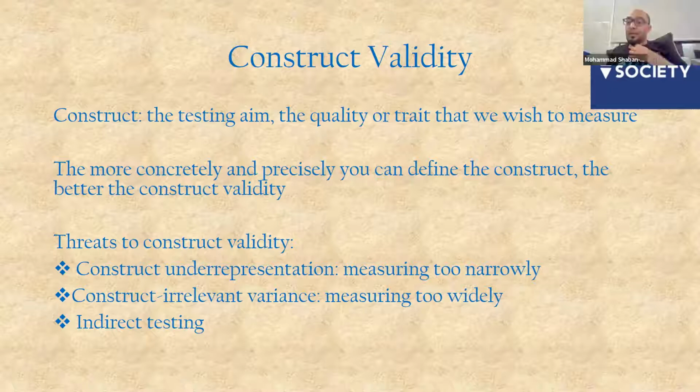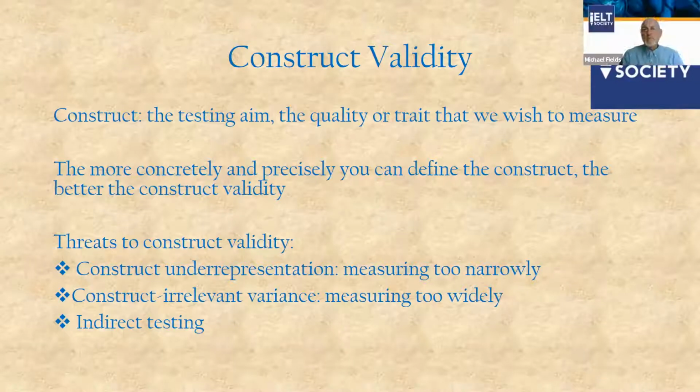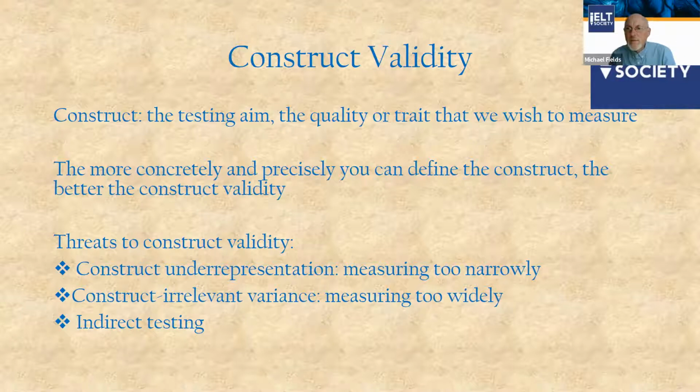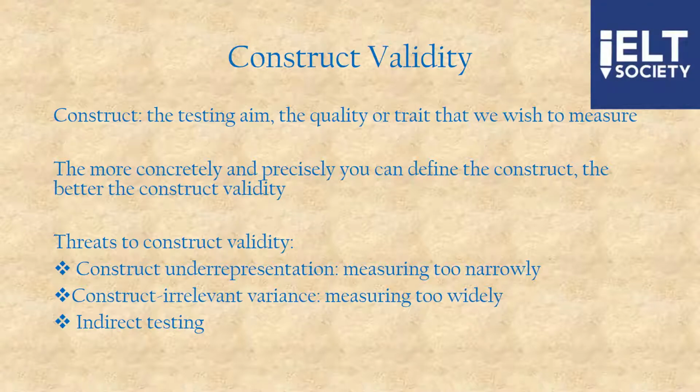So is it like indirect testing? I would call it more construct irrelevant variance, because you're marking them wrong on something that you don't intend to measure. Yes. That kind of assessment would be discrete point assessment.